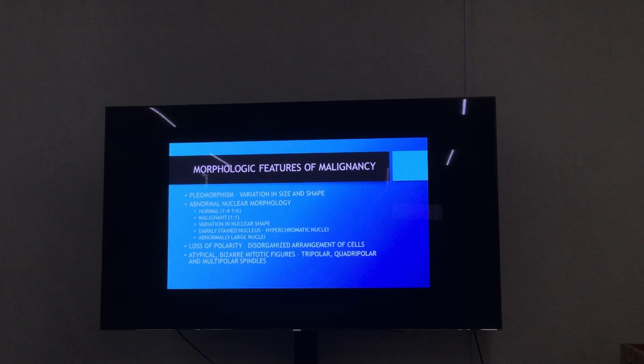So another feature is loss of polarity. So there is disorganized arrangement of the cells. So example, sa skin, there's an orderly maturation of your cells, right? May arrangement yan from the basal cells up to, anong next na stratum, basale, and next? Spinosum, granulosum, corneum.